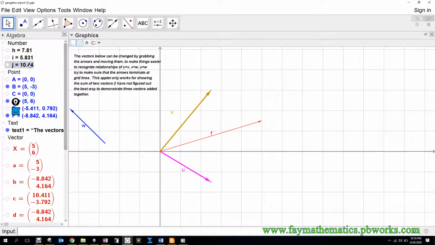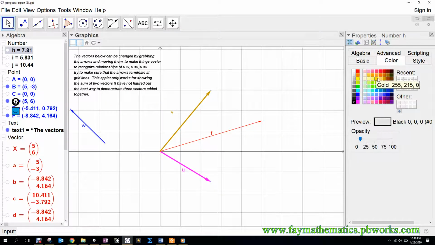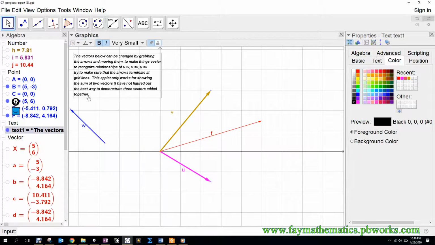So this was V, this was U. Let's color these real quick so we can keep them straight.